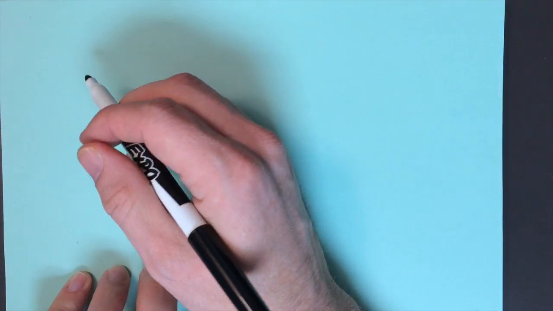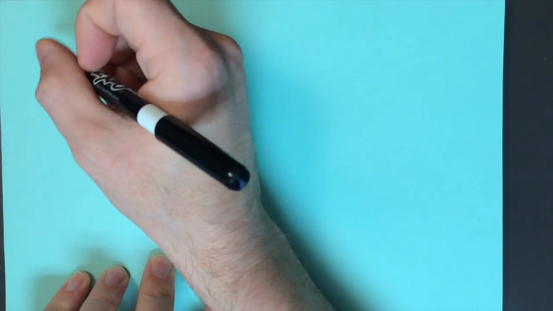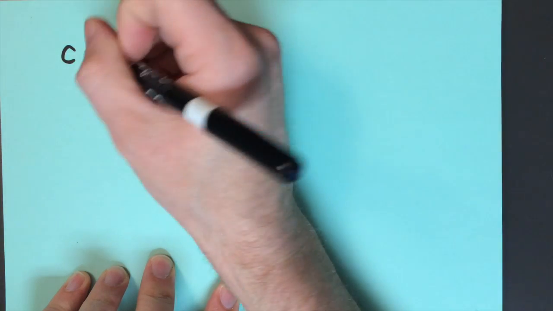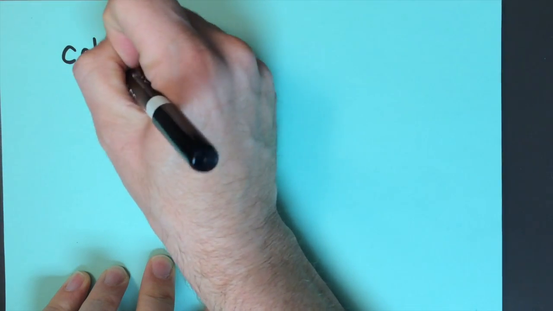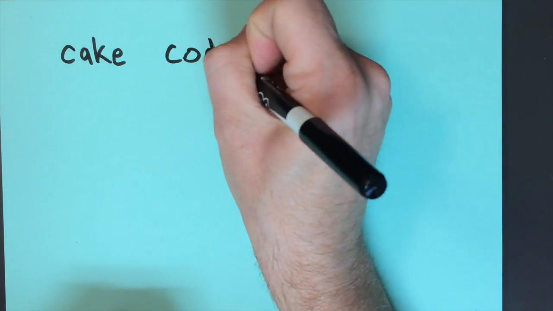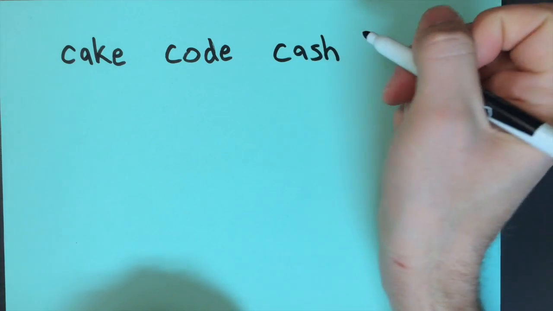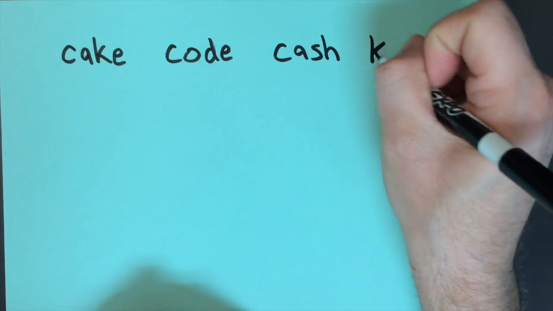So the first set of words we're going to learn will be, make sure I'm in the camera. Yep. Cake, code, cash, and kick.